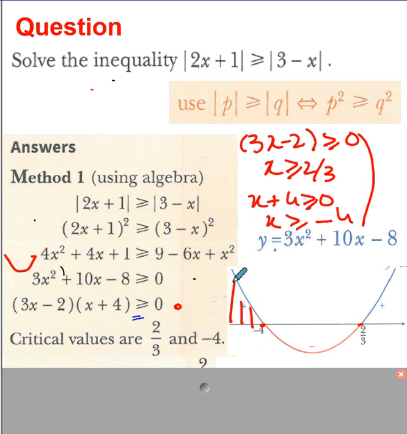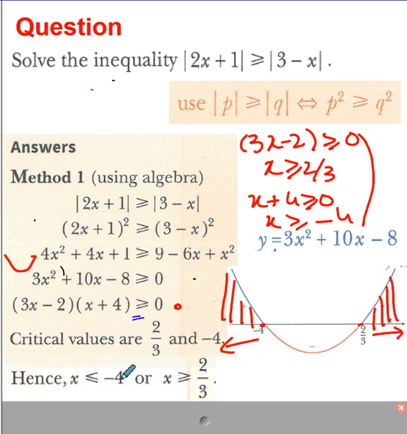It means all the values of x which are less than minus 4 are on this part of the curve. Similarly, on this part of the curve, the values of x are greater than 2 upon 3. So this is how you mention it in inequality form, that for this quadratic inequality, the values of x are less than or equal to minus 4, or x is greater than or equal to 2 upon 3.